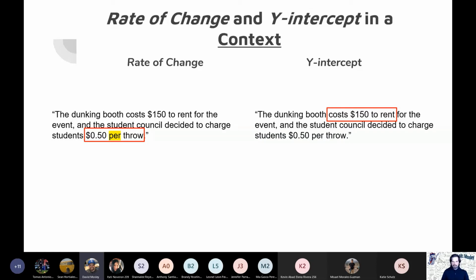Okay, so we have the rate of change is 0.5.